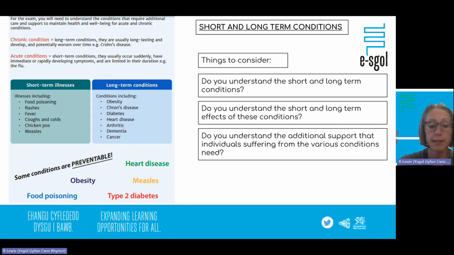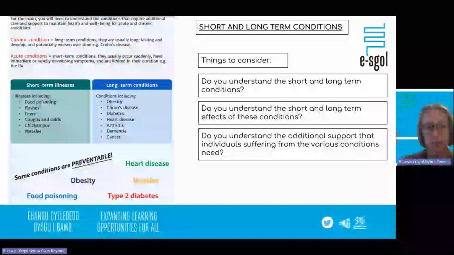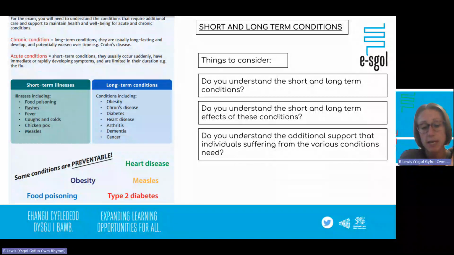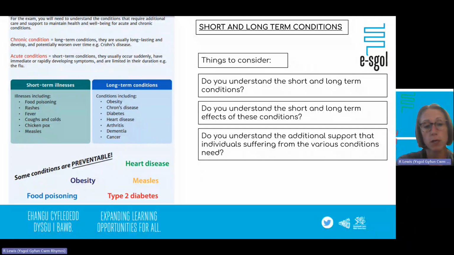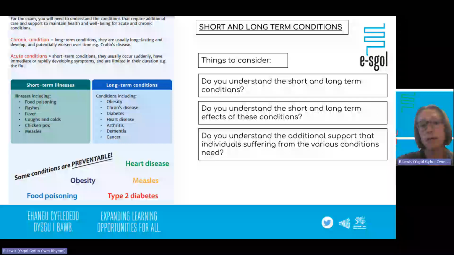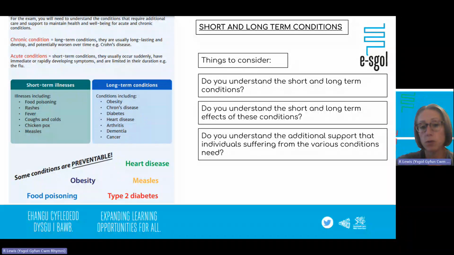Now, what is perhaps likely to appear as a question: do you understand the short and long-term conditions? With each of those bullet points that are green and blue, do you understand them? And would you be confident in knowing how these short and long-term conditions can affect an individual?